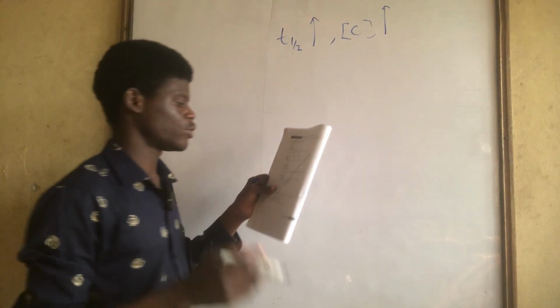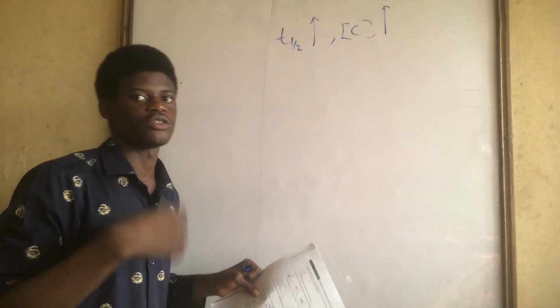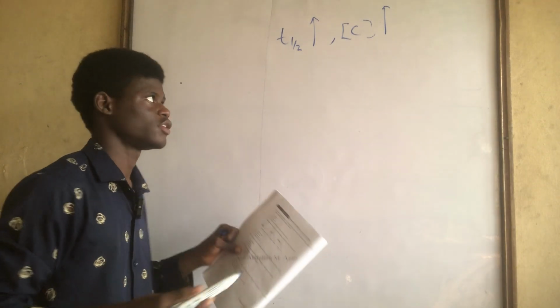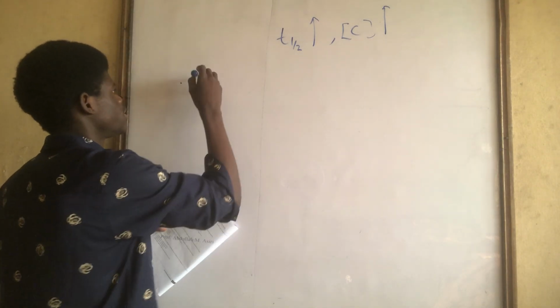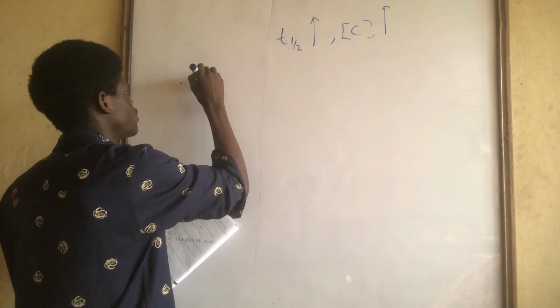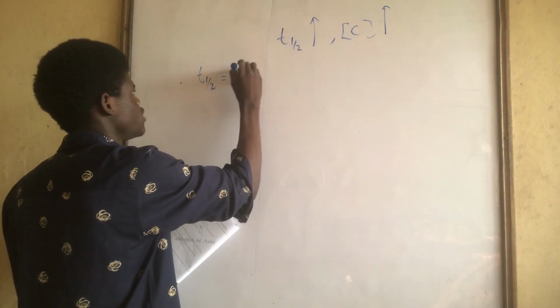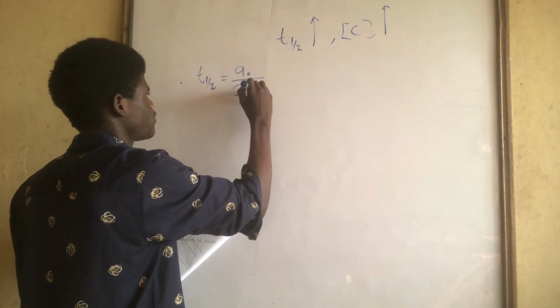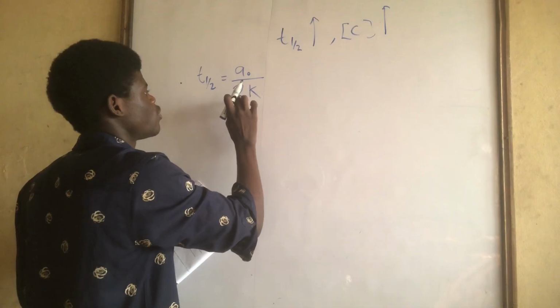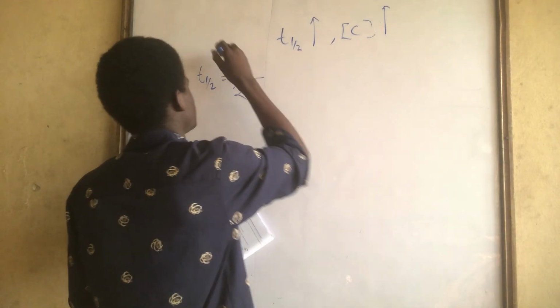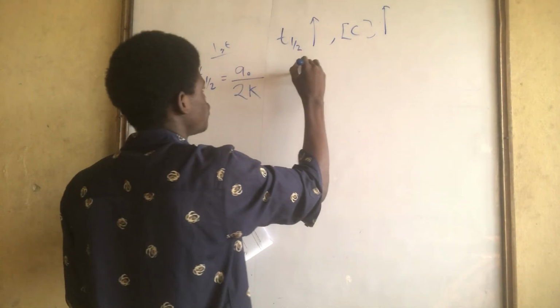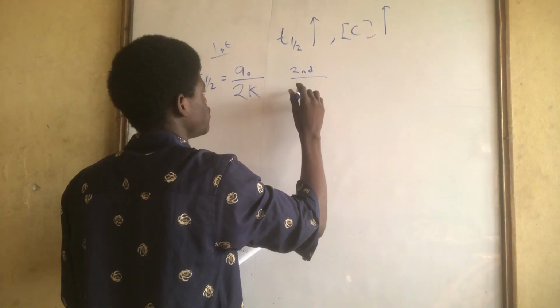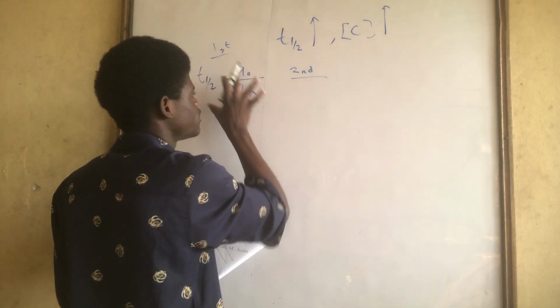Now it's asking for what order, as the initial concentration increases, the half-life also increases. So let's check, starting with zeroth order. The half-life of zeroth order is A naught over 2k, that's initial concentration over 2 times the rate constant.